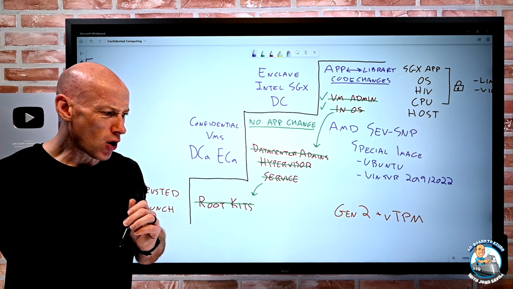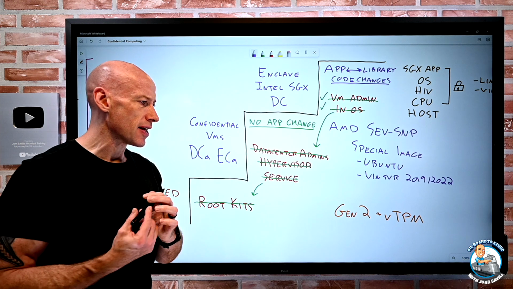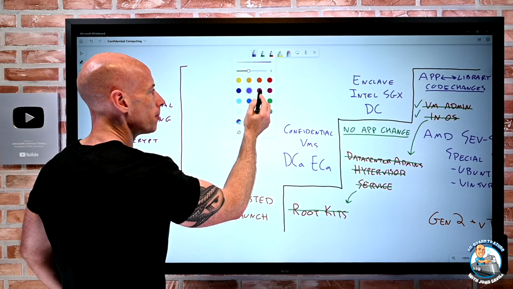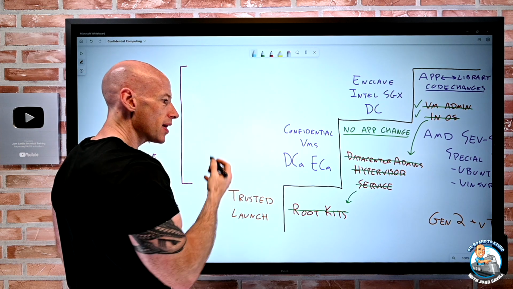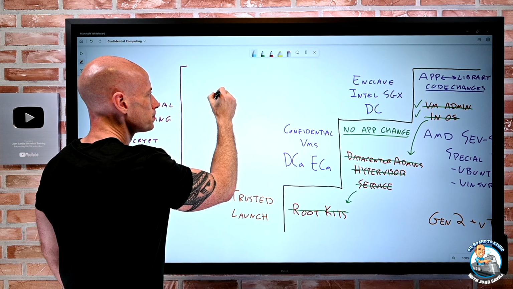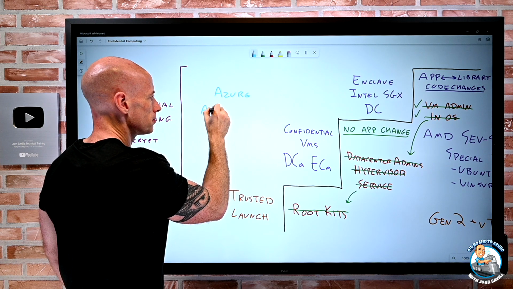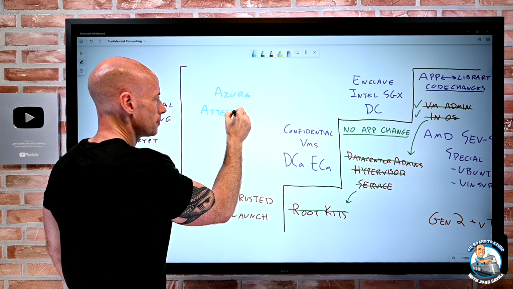Now, one of the words I've said a few times as part of this was attestation. So what is that all about? So one of the services we have is Azure Attestation.